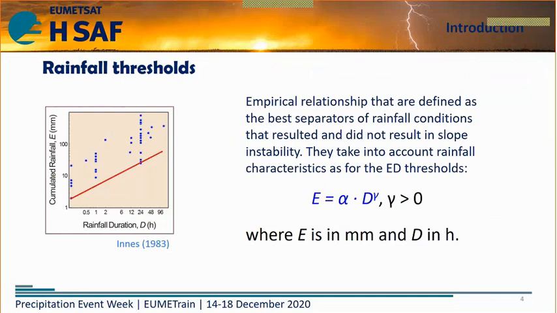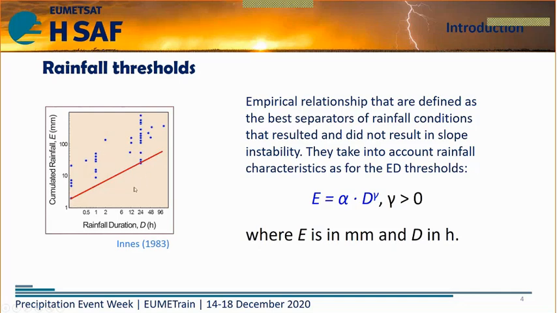I don't know if you are familiar with the concept of rainfall thresholds, but basically they are empirical relationships that are defined as the best separators of the rainfall conditions that resulted or did not result in slope instability. For instance, in this example, an ED threshold is reported, so accumulated rainfall and rainfall duration, in which we can plot the rainfall characteristics of a rainfall event, in this case the duration and the total amount of rainfall fallen during the storm.